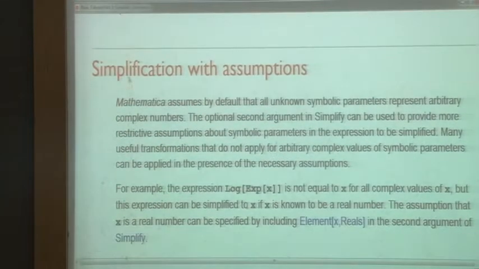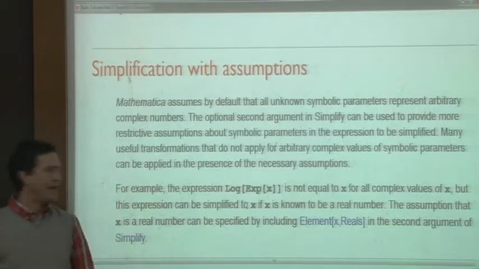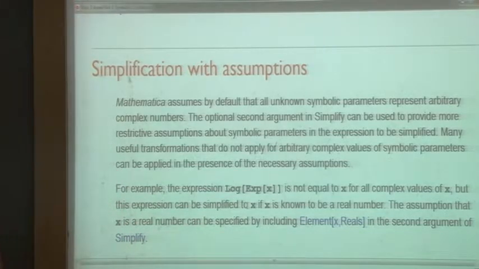Now, sometimes Simplify can work only with assumptions. For example, if I ask you the value of Log of e to the x, you would say x, right? But that would not work for negative or complex numbers. We've got a problem, so we need to make an assumption.